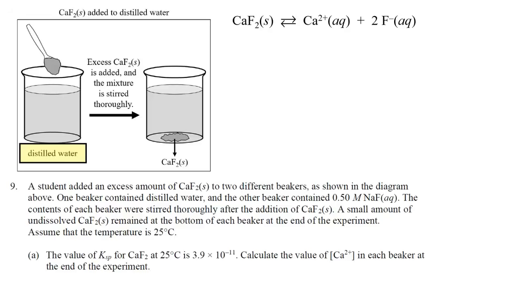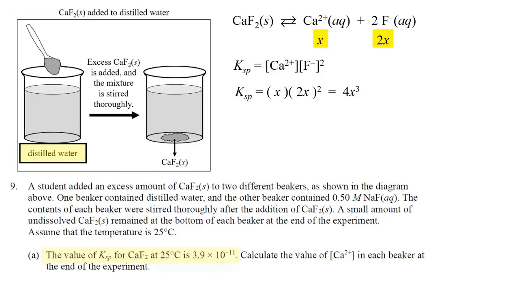There is a 1:2 ratio. So therefore, the concentration of the calcium ion in this saturated solution is x, whereas the concentration of the fluoride ion in this saturated solution is 2x, because 2 moles of fluoride are produced for every 1 mole of calcium. Now we know that the value of Ksp is 3.9 times 10 to the negative 11 for calcium fluoride at 25 degrees Celsius.